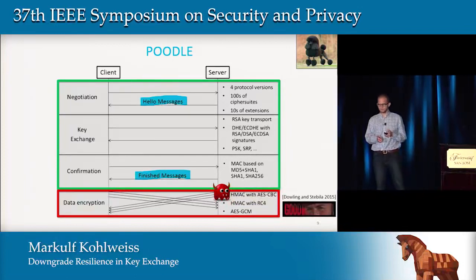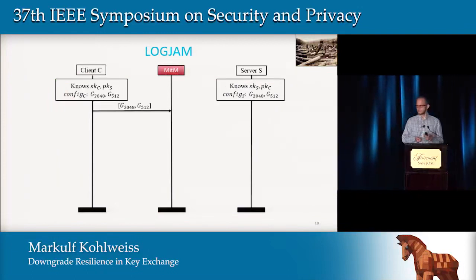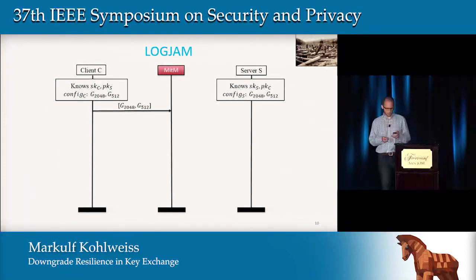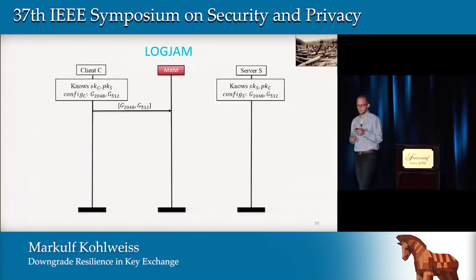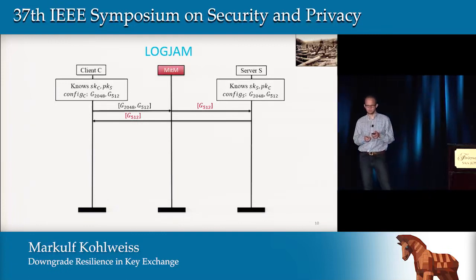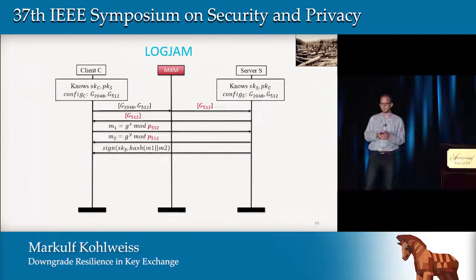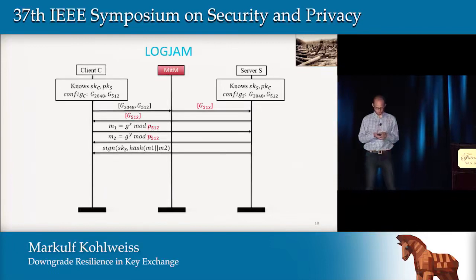But what about the following attack that is reminiscent of Logjam? The client proposes its preferred group, a strong group, but also a weak group. The active man-in-the-middle attacker makes the server fall back to the weak group. And now they do a standard signed Diffie-Hellman in which the server signs the key shares.